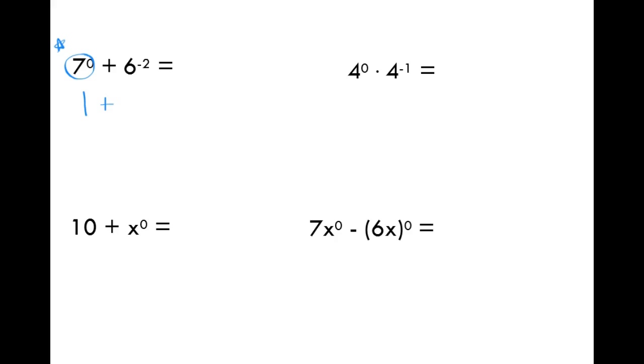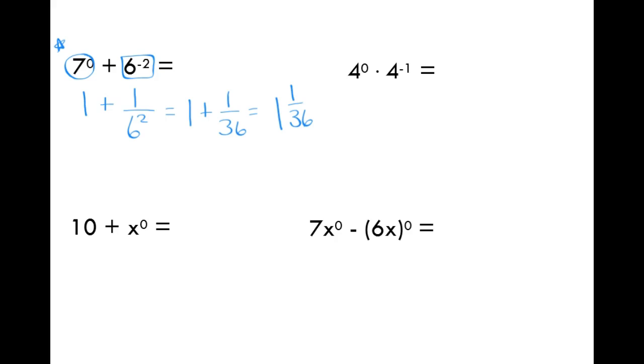Now I have to think back to my negative exponent rule. I think this whole thing is going to become the denominator in a fraction, 6 squared at the bottom with a 1 on top. So that means I have 1 plus 1 over 36. And you can just leave that as a mixed fraction, 1 and 1/36.